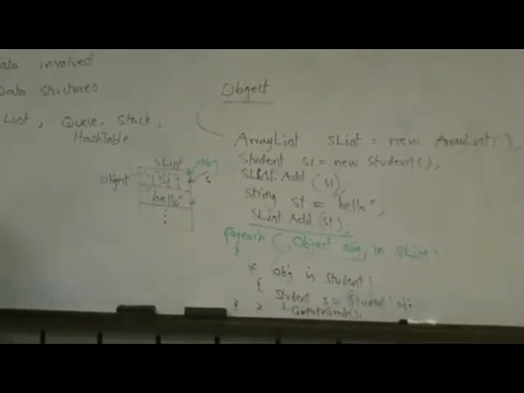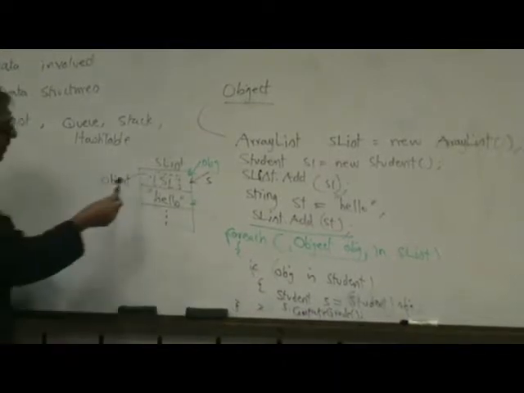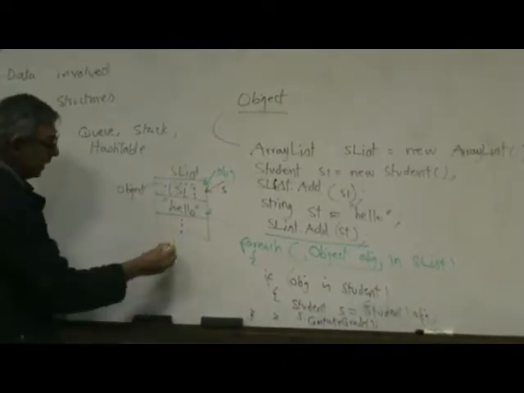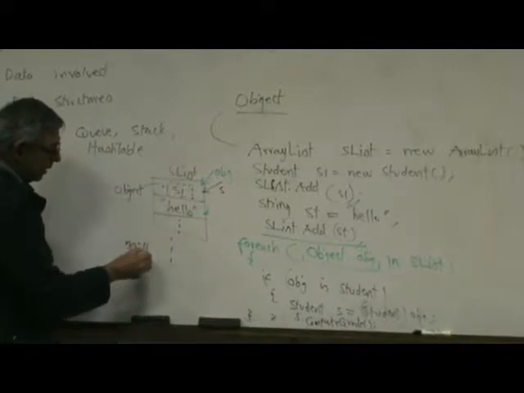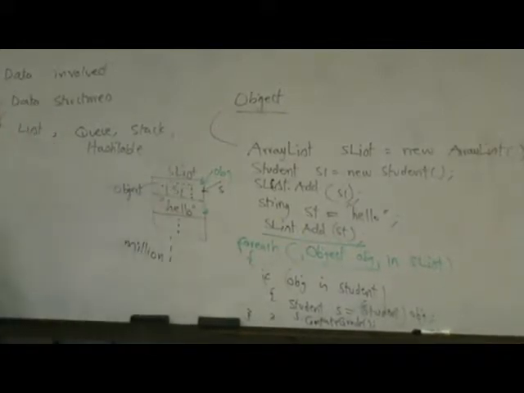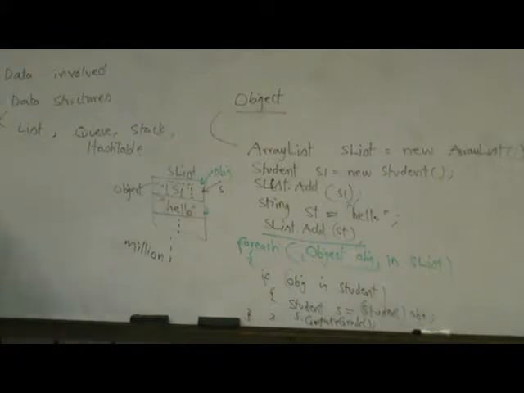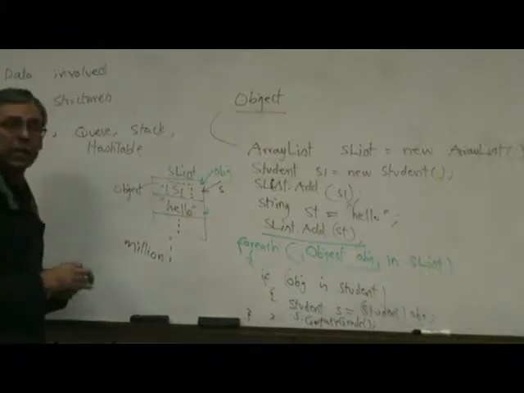It may not seem that bad, but let's now assume we have, let's say, 1 million entries in our ArrayList. Some of these are students, some of these are other types of objects, right?